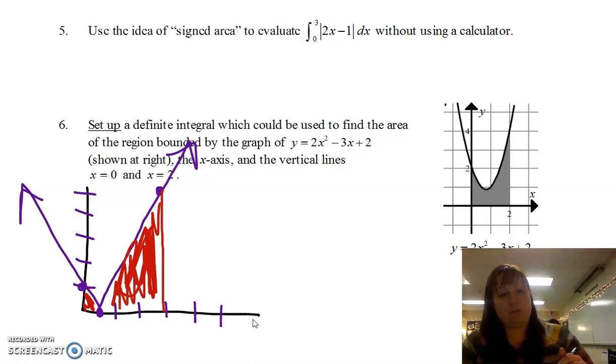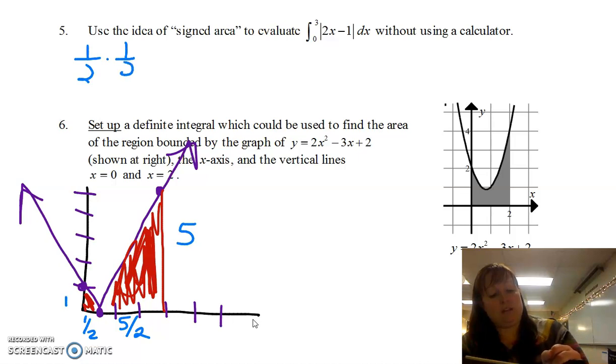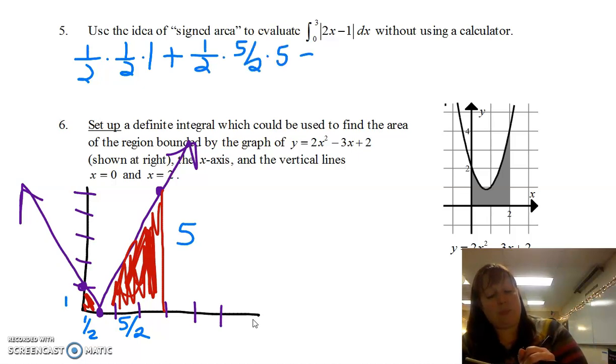First, let's figure out the base of this triangle. That triangle has a base of 5/2, which is 2.5, because from 1/2 to 3 is 2.5, and it has a height of 5. This triangle has a base of 1/2 and a height of 1. So the first triangle is 1/2 times the base times the height, and then we add the area of the second triangle, 1/2 times the base times the height.